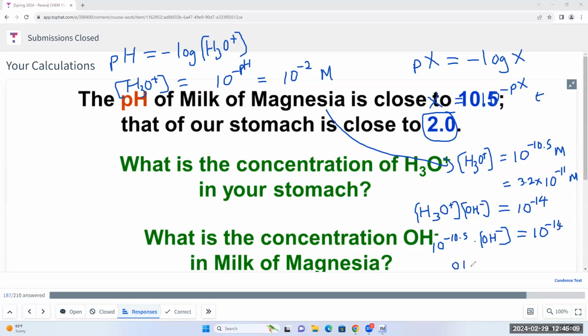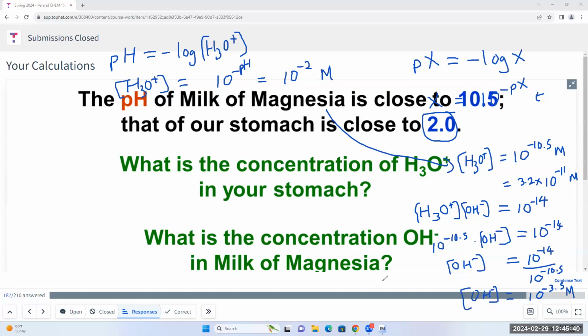Therefore, OH minus concentration must be 10 to the power of minus 14 divided by 10 to the power of minus 10.5, which is 10 to the power of negative 3.5 molar. That's it. That's the OH minus concentration in milk of magnesia.